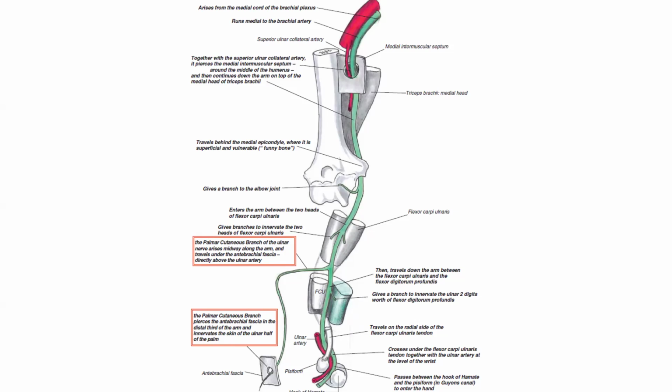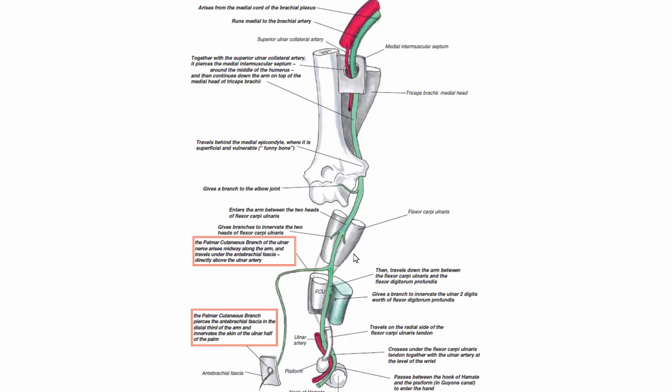It lies medial to the artery, okay, and there it divides into two branches to supply sensation and motor function to the intrinsic muscles of the hand. So know this. You can have pressure in all these areas.